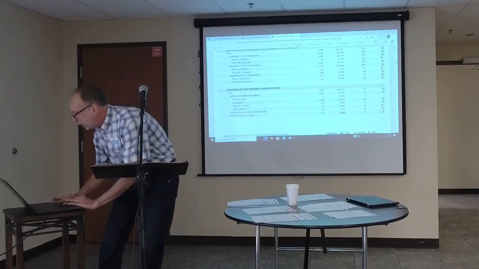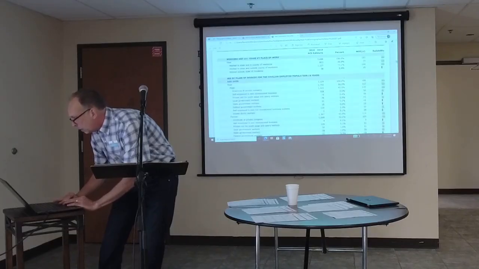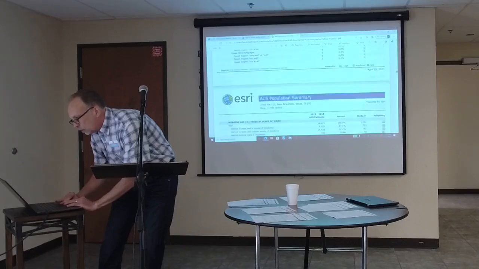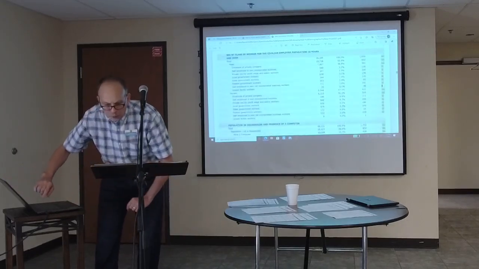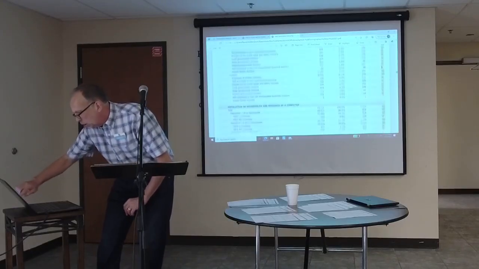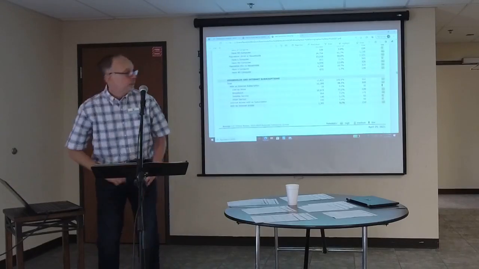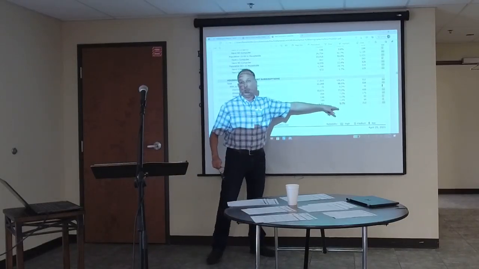All right, well, look what happens when you get out to the 3 mile ring. I apparently went to the wrong page. Oh, here we go. It jumps to 9.7%. All right.